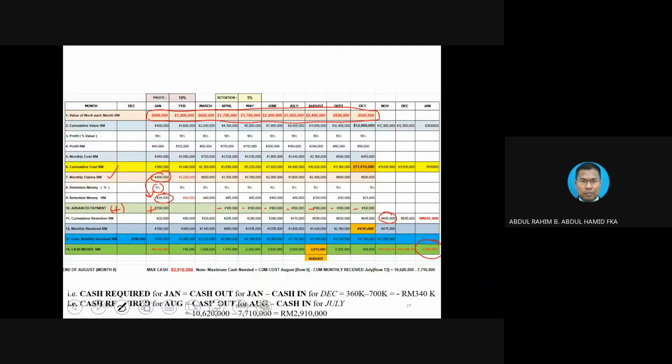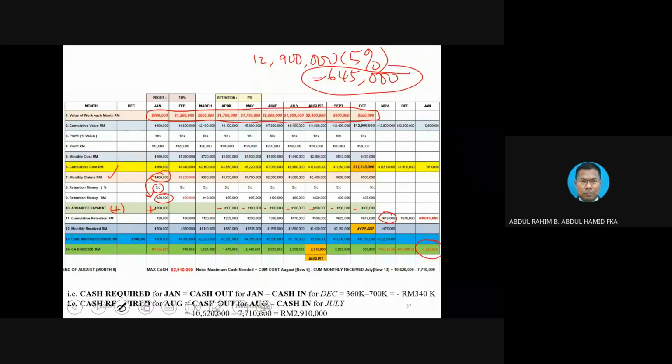And you notice, where does this 645 come from? If we take the project value here, times 5%, we get 645. Immediately we know that this is the amount of money that is going to be held back by the client, to be retained by the client.